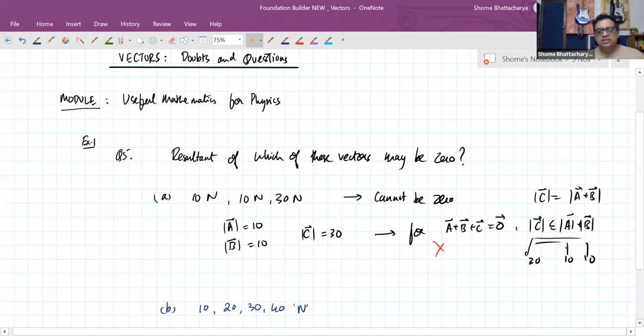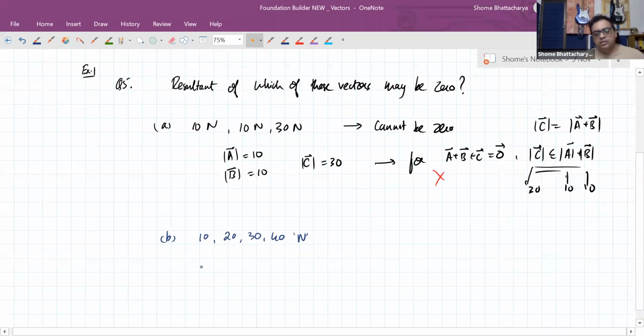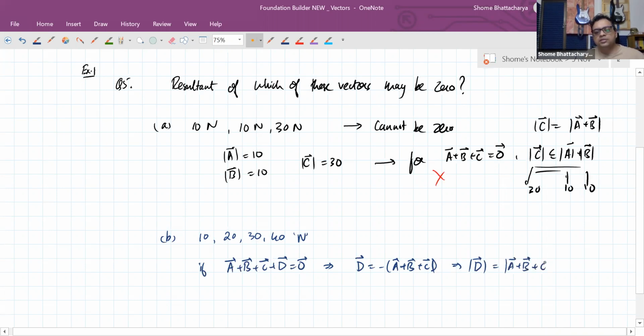So you can see that in this case it is possible, because if A plus B plus C plus D is equal to 0, it means that D is equal to minus of A plus B plus C. Okay. So that means magnitude of D is equal to mod of A plus B plus C.